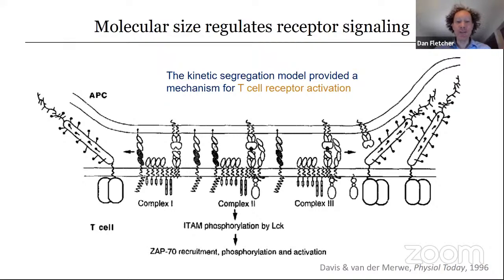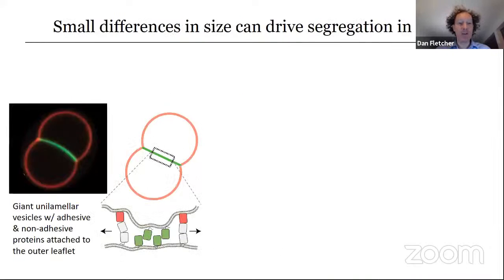We initially got interested in this question from a very in vitro perspective. And the question was, how big do you need to be to be influenced by the gap created between two membranes? How tall must a protein be to be segregated? And we explored that problem in the context of giant unilamellar vesicles. So this is work from Eva Schmitz and Matt Bakalar.